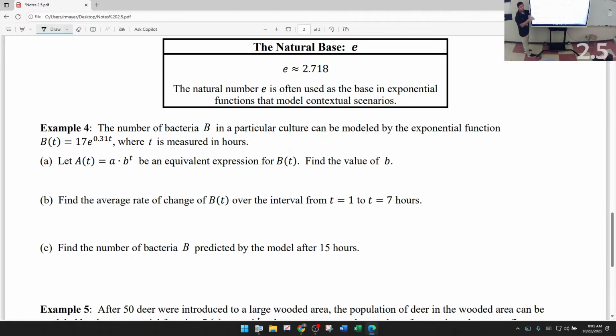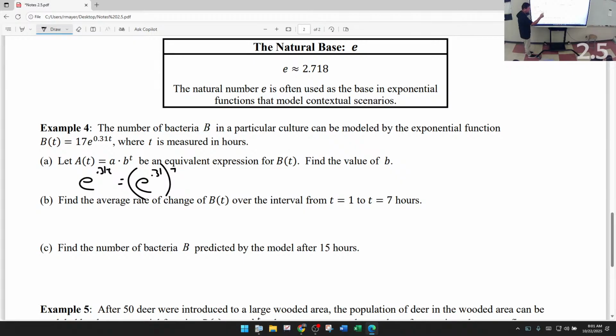Because they tell me this is 17 e to the 0.31t. And you guys learned in 2.4 that e to the 0.31t is also equal to e to the 0.31, all to the t, because that's a power to a power, and if it's a power to a power, you can multiply.